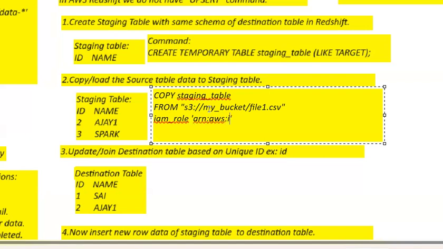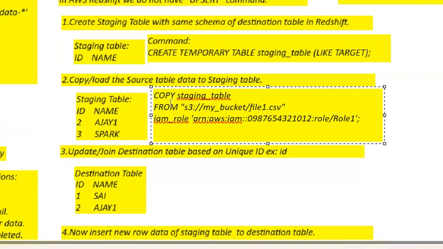AWS IAM, it will be like this: 0987654321, like this the number will be. And after that, role, then it will be like role1 or whatever role name you provided, like this it will be. And at last we have a semicolon.